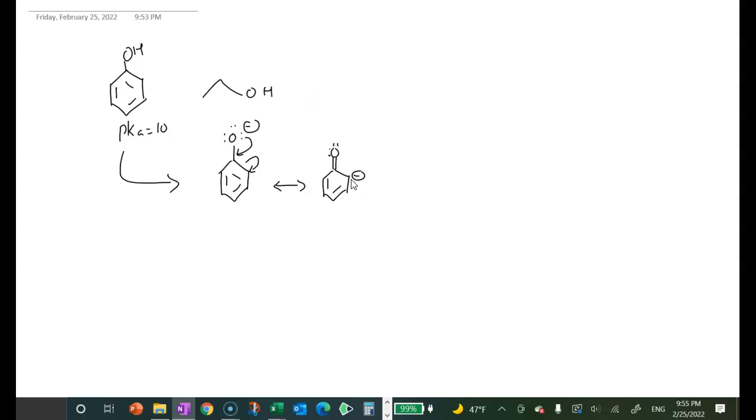You can keep going and draw more resonance structures. For example, this one has a third resonance structure where the negative charge is now on this carbon atom.